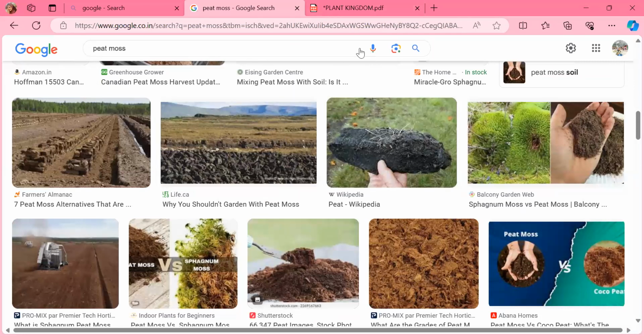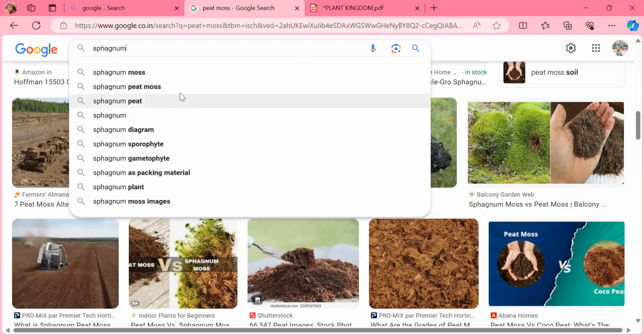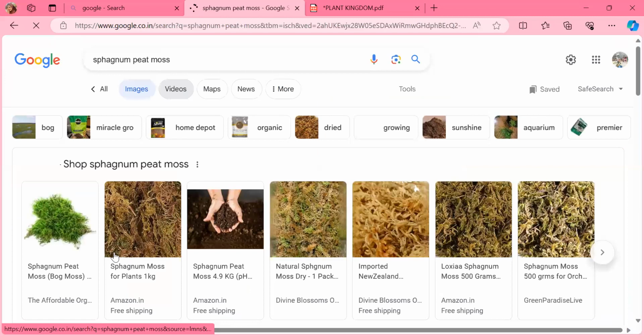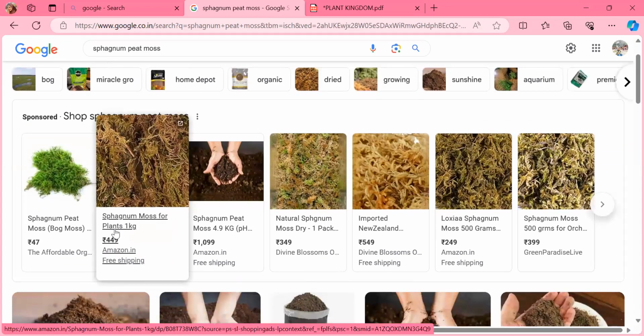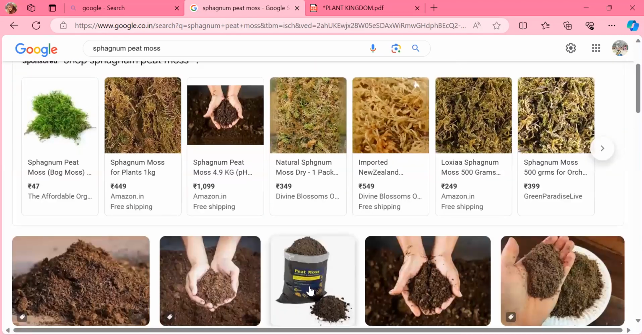And let us see sphagnum. See, sphagnum moss plant, 1 kg, 449 rupees. Do you want to buy?